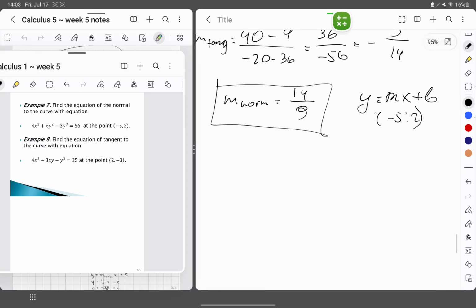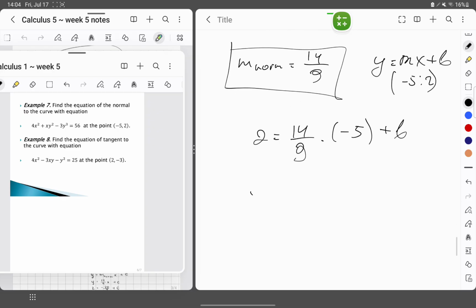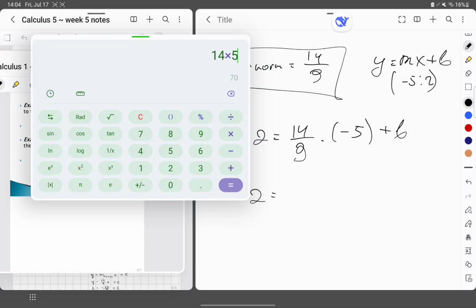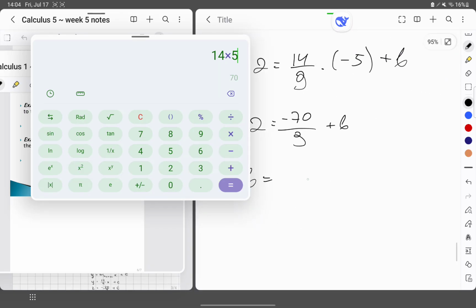Okay, let's find it. y equals m times x plus b. 2 equals negative 70 minus 9 plus b. b equals what? 9, 18 plus this one.